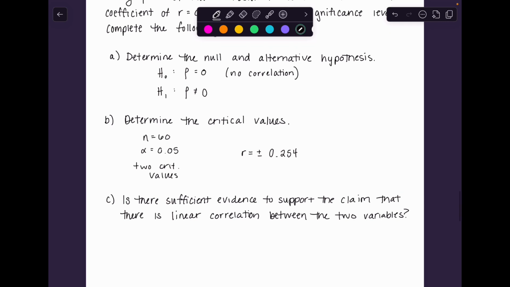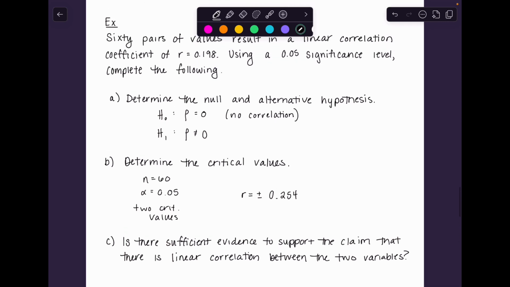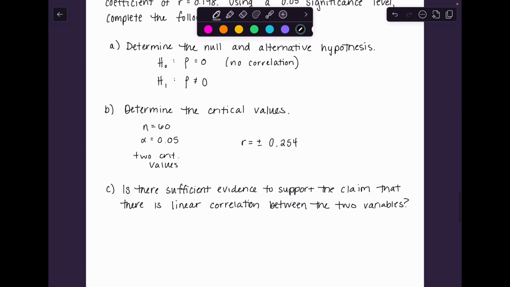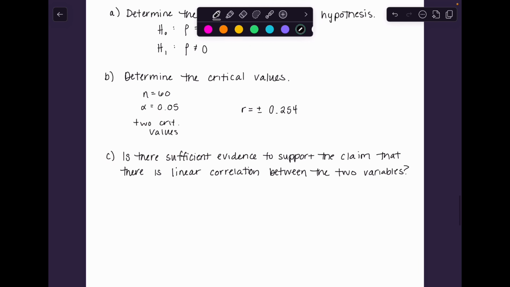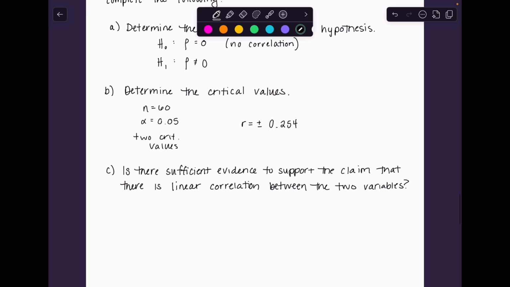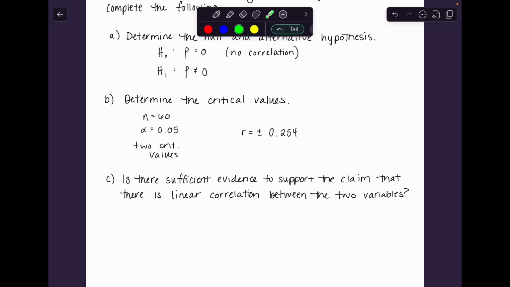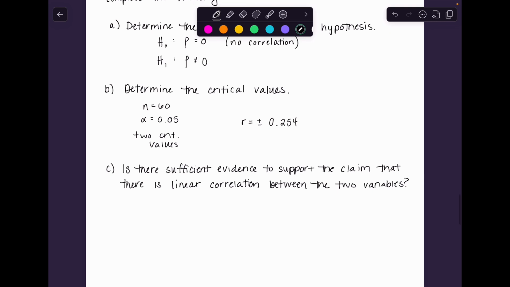Okay. So we have a value of R calculated. We have the critical values. We want to figure out, is there sufficient evidence to support the claim that there is linear correlation between the two? That would be the case where we're essentially rejecting the null hypothesis.